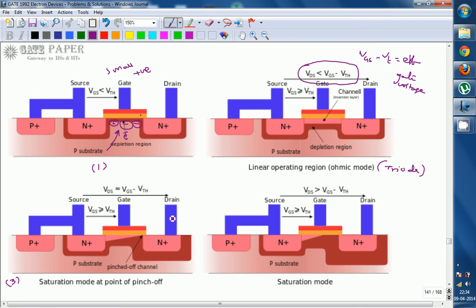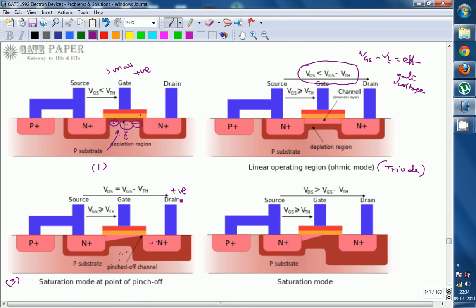As you apply more and more drain voltage, that is more and more positive voltage towards the drain, which is the N plus region, it makes this junction reverse biased. This is the P type substrate and this is N plus. So between this P and N plus there is a reverse bias, and this reverse bias increases as the positive voltage across the drain increases.